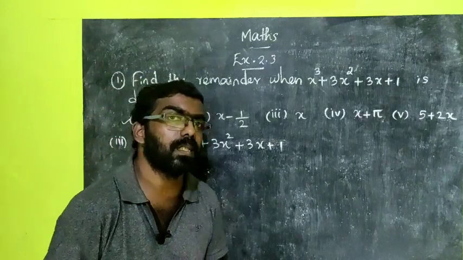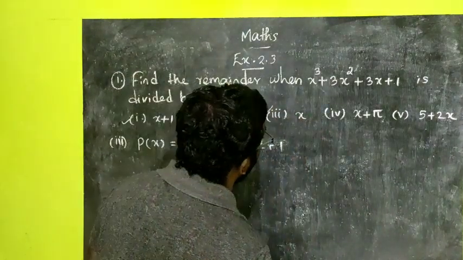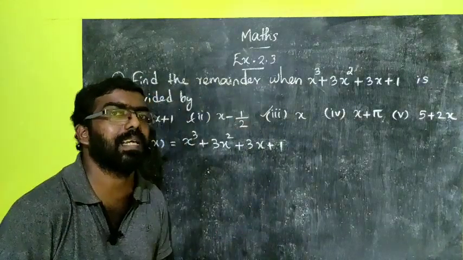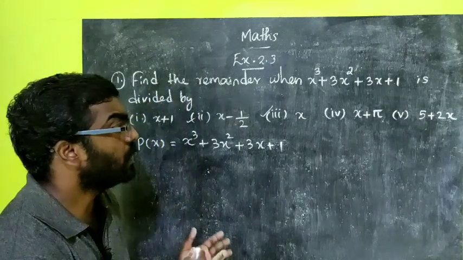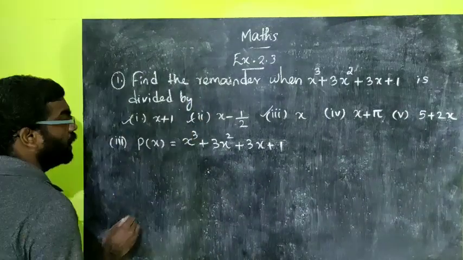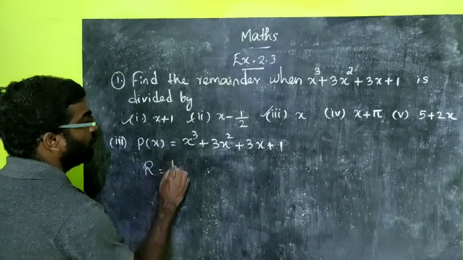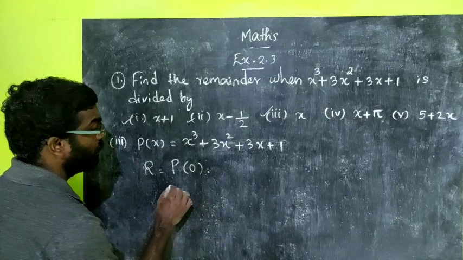Now we move on to the third sub question, and here the divisor is x. So x can be treated as x plus 0 or x minus 0. Okay, that means it's in the form x plus a or x minus a. And here the remainder is r is equal to p of 0. Okay, p of 0.